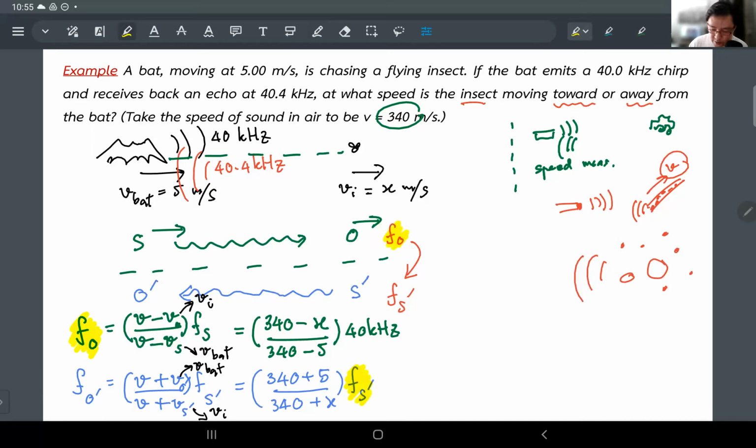That's what we agreed to do. All right, cool. So I'm just going to take the whole thing in. 340 plus 5 over 340 plus X. Now I take the whole expression and put it there.